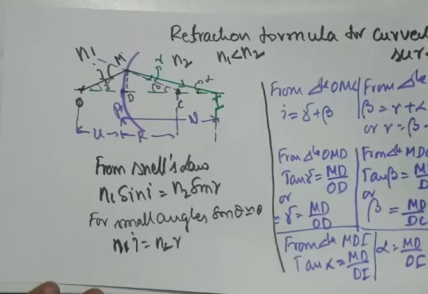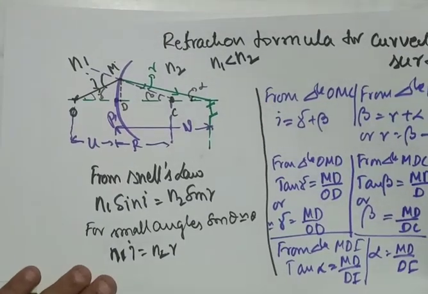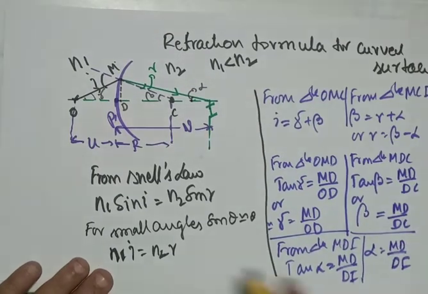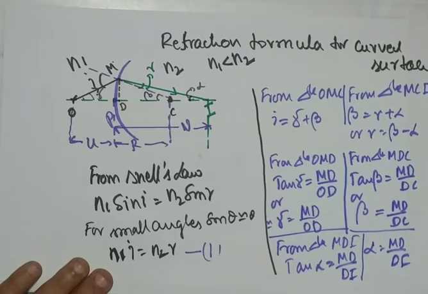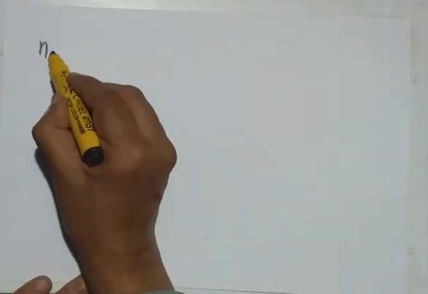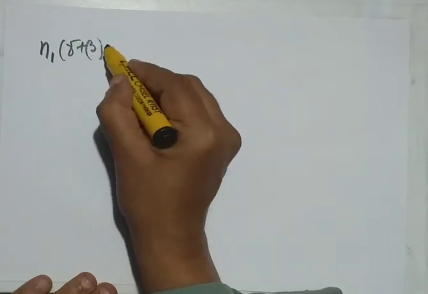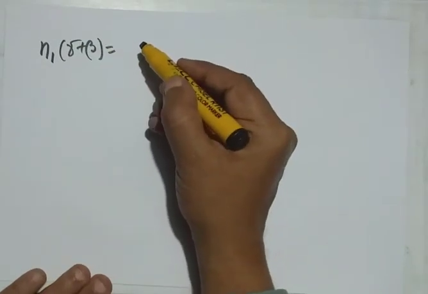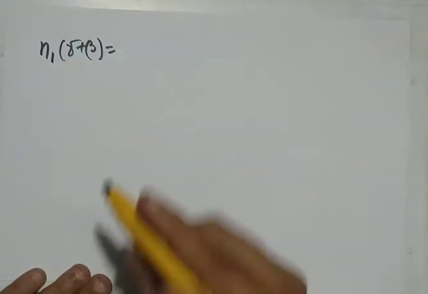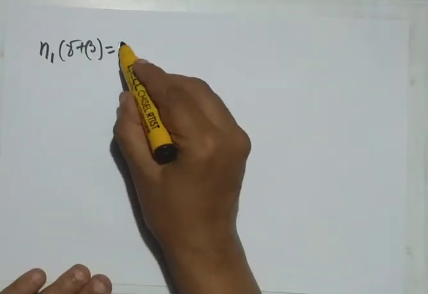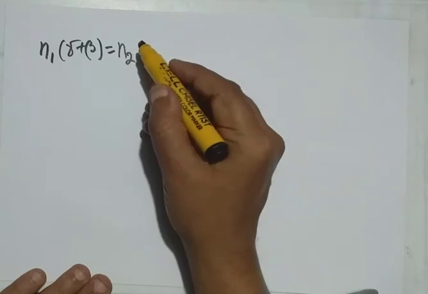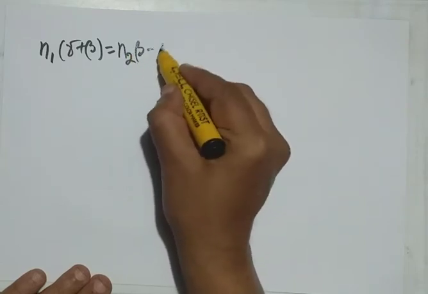Now, with these things, we substitute everything for I and R in equation 1, N1 I equals N2 R, and we get the final result. Just observe, I write the equation like this: N1, instead of I write gamma plus beta, equals N2 R. Instead of R, I can write beta minus alpha.